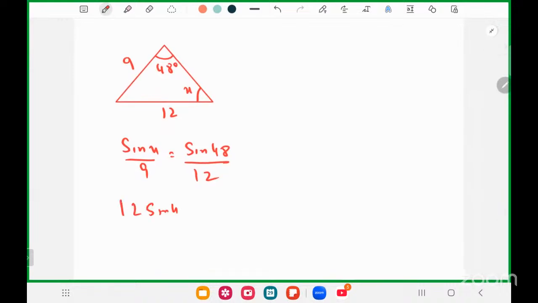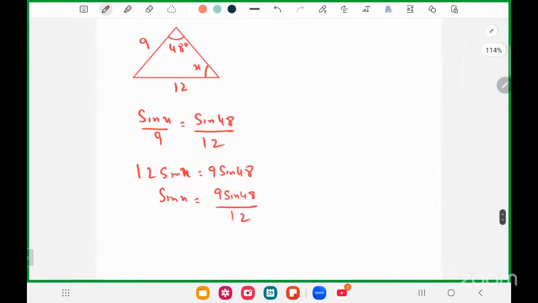12 sin x is 9 sin 48. Sin x is 9 sin 48 upon 12. 0.557.